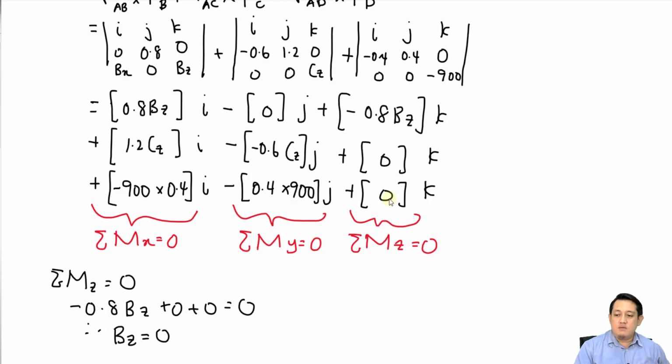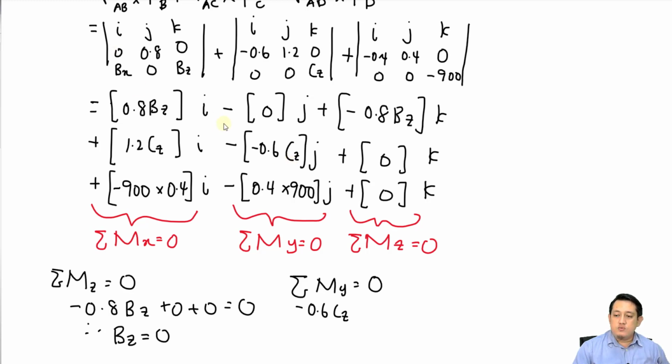Okay, so what about My? The total of My is equal to 0. We have 0, no need to write that. Then we have negative 0.6 Cz.